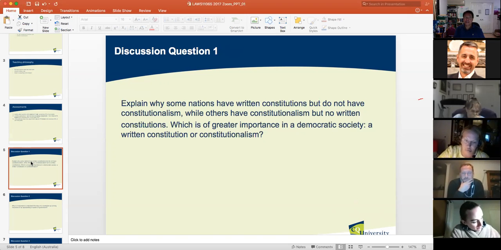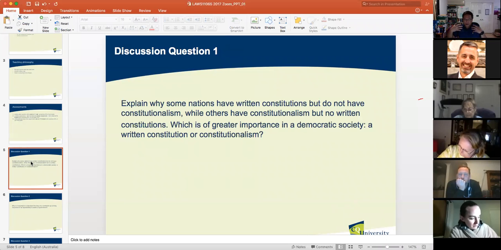Now, having said that, what exactly is constitutionalism? Constitutionalism is founded on the principle and the idea that there is a rule of law. When you speak of a rule of law, or the principle of legality, it tells you that people must function according to what the law says, that no one is above the law, that the law applies equally to everyone, and that there are checks and balances.